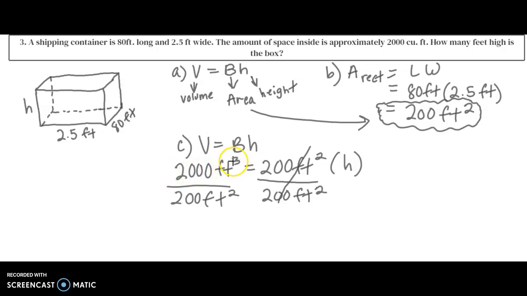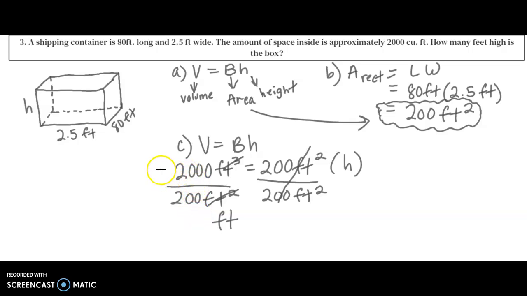Feet to the third power, or cubic feet, divided by feet to the second power, or square feet, gives me foot to the first power, which you typically don't write the number 1 because it's always recognized to be there.